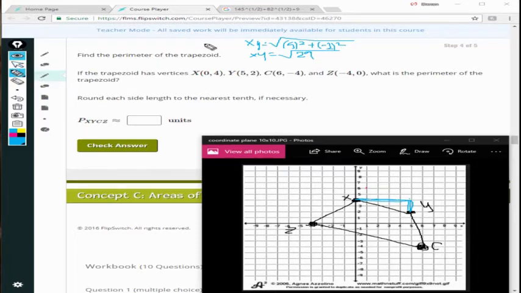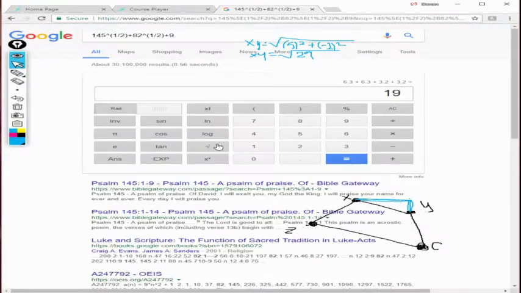Okay, so then I'm going to come over to here, square root of 29, that's 5.38. They want it to the nearest tenth, so I'm looking at the hundredth. That is an 8. That means it's closer to 5.4 than it is to 5.3.